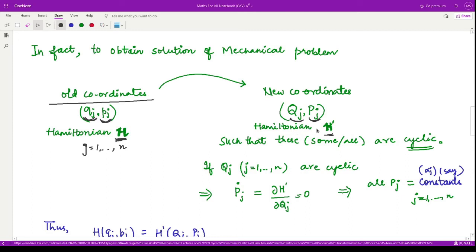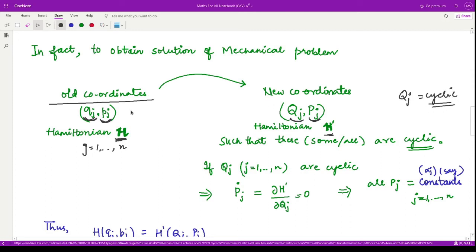In converting these older coordinates to a newer set, we do this in such a manner that all of these new coordinates, all of these Qj's, are cyclic.